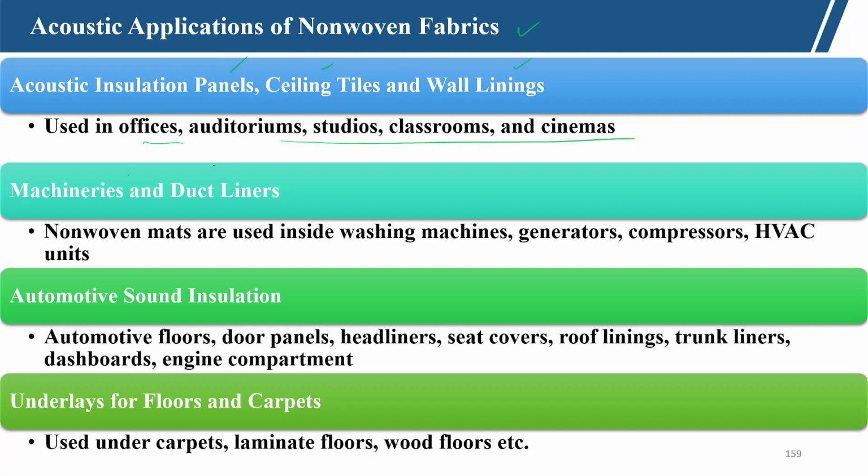In machinery and duct lining also we can use, like in generators, compressors, HVAC units. In washing machines, to reduce the sound level; in automotive sound insulation we can use, and underlay for floor carpets. So, there are different applications where we can use non-woven fabrics.